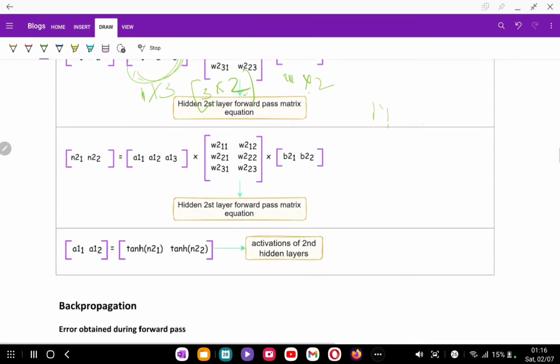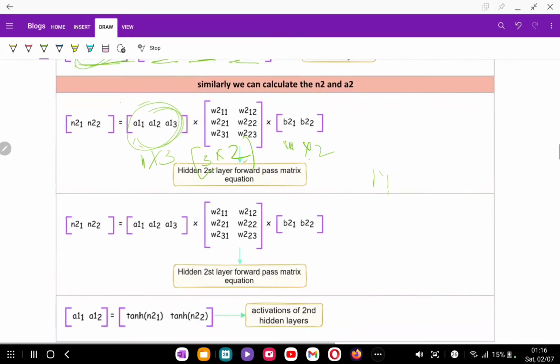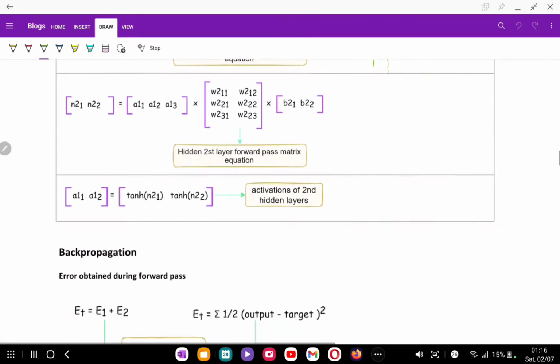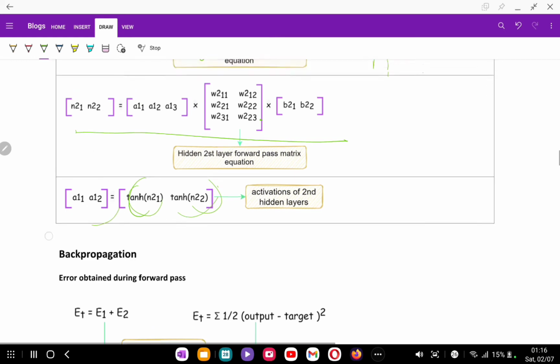So now coming back to the expanded equation, you can just use this equation and pass the activation function to this. The output of this will be fed to the next activation function, and you get the result, your final activation.